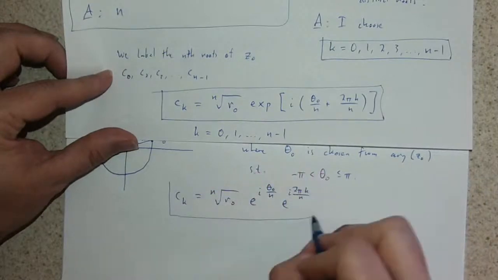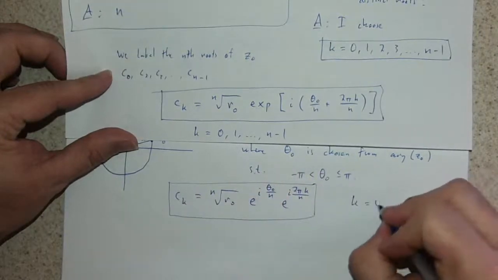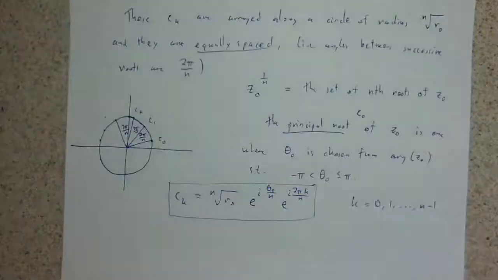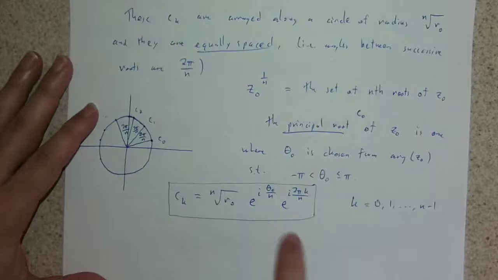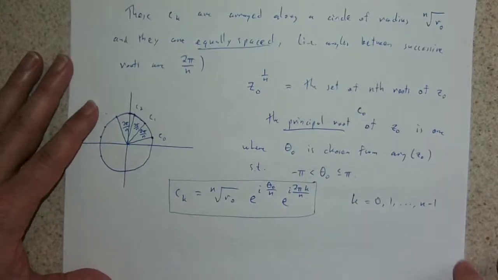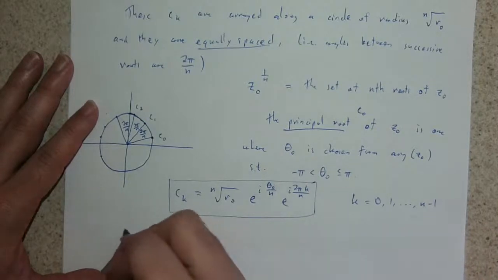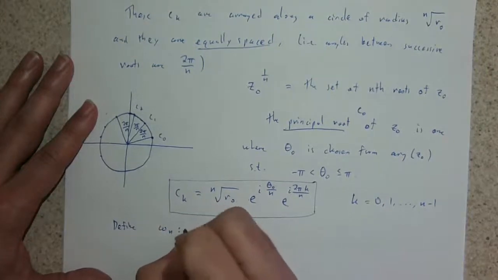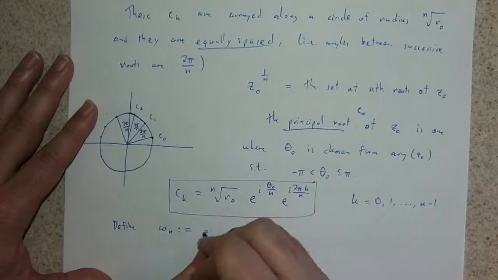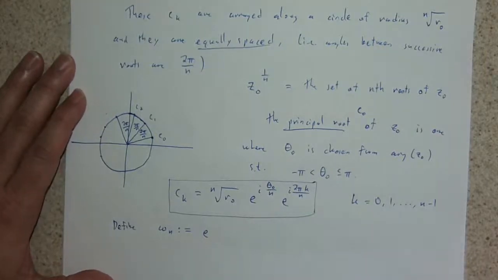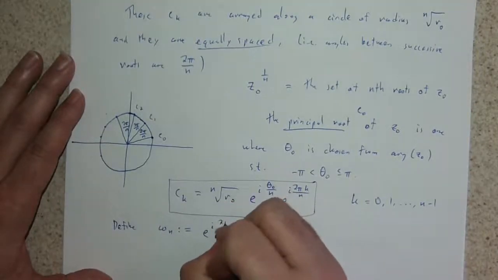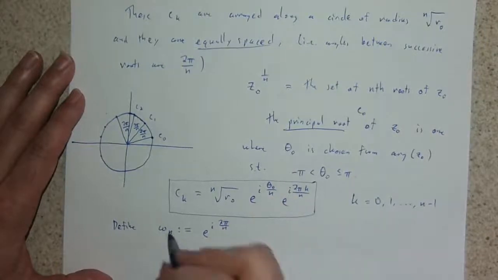All right, so this is just another way of writing this, where k goes from 0 to n minus 1. Okay, and so I'm going to write this in a slightly nicer way here. Define omega sub n to be e to the i 2 pi over n. Okay.